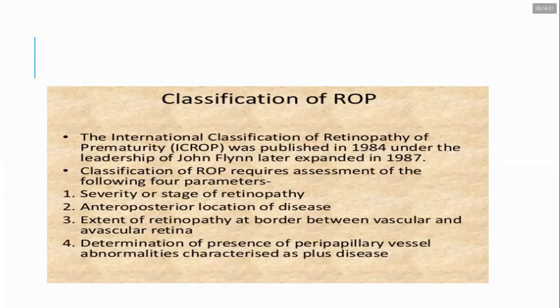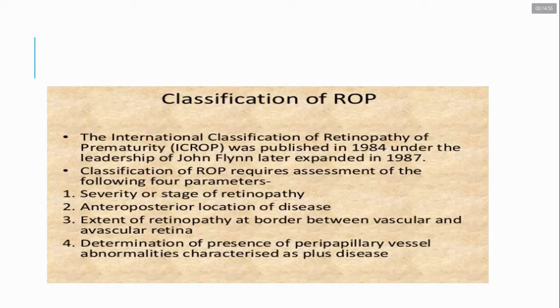It is very difficult to understand the ROP because it is divided into zones and stages. So the classification requires assessment of the severity or stages of the ROP, and second, the anterior-posterior location of the disease.